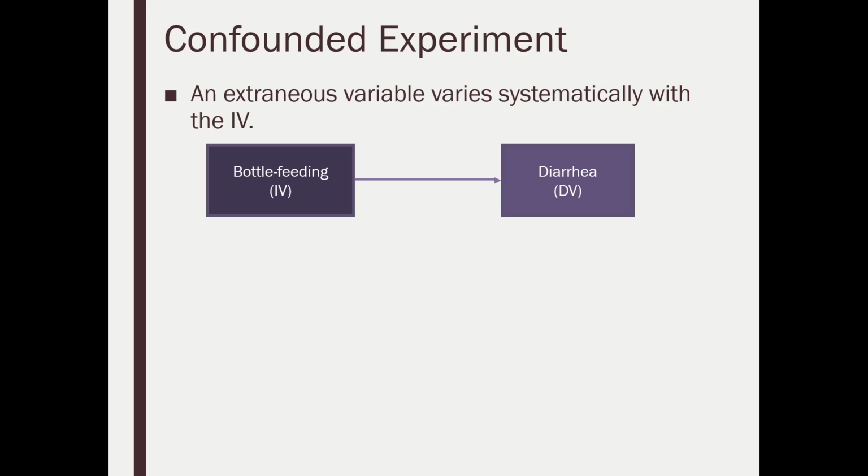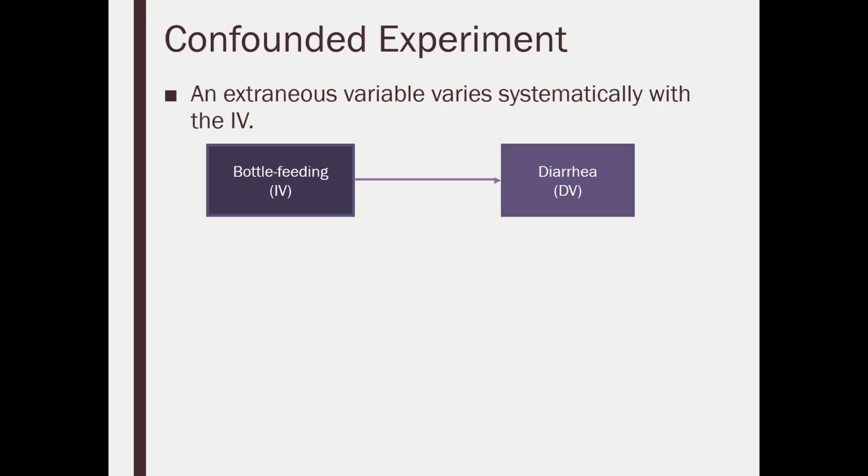I know this is not the most glamorous research that you've ever heard of, but we're concerned about whether the style of feeding is associated with diarrhea in infants. So we want to see whether the group of infants who are bottle fed have diarrhea at a higher rate or a lower rate or the same as infants who are breastfed.